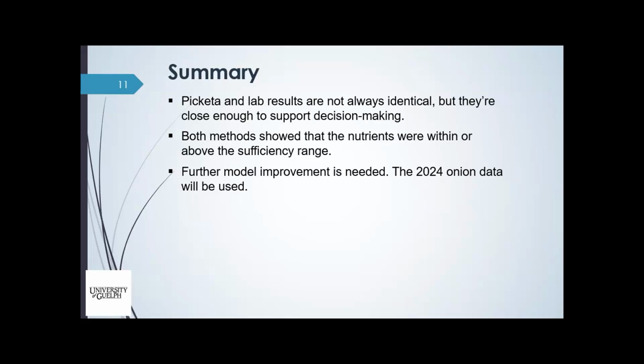Since both methods were reporting values not in opposite directions, but in one direction and always within the sufficiency range, we can also say that there is need for further improvement of the onion model. This we're going to do with all the 2024 onion data that we collected, both from the field close to us here at Jane Street and all the 5 grower fields.